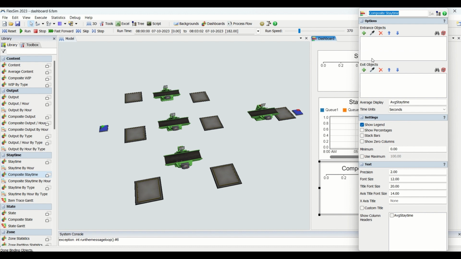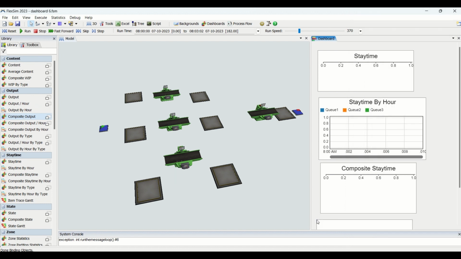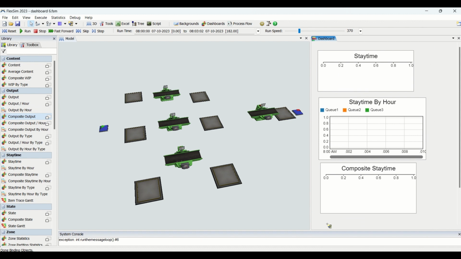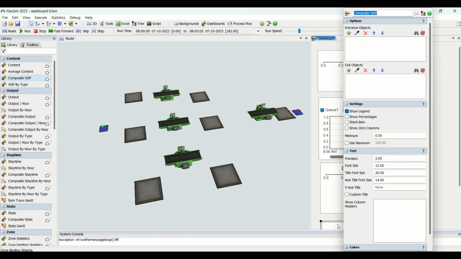Entrance, exit, we just need to put in and we are going to get the composite graph. If you looked at the composite graphs we used earlier, for throughput we did not have that entry and exit, but we did have entry and exit for composite WIP type graphs. So this is what exit and entry we are going to have.